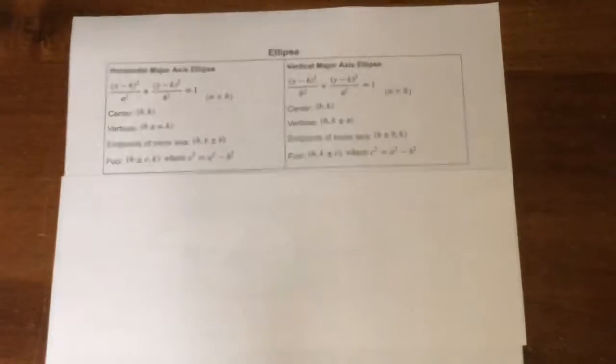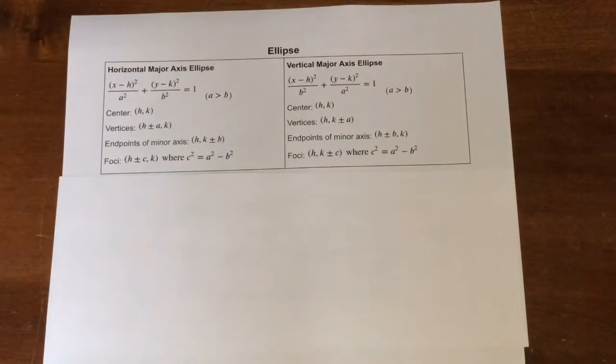Now the vertical major axis ellipse has the standard form of x minus h squared over b squared plus y minus k squared over a squared is equal to 1, where a is again greater than b. And the center is once again h, k. And the vertices are h, comma k plus or minus a. And the endpoints of the minor axis are h plus or minus b, comma k.